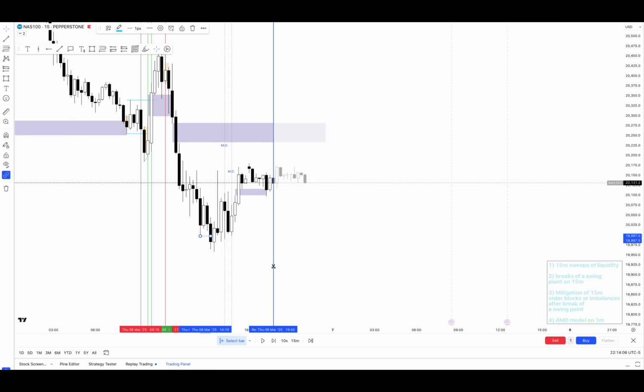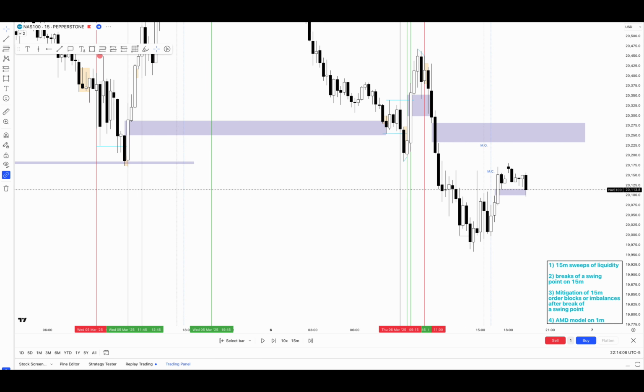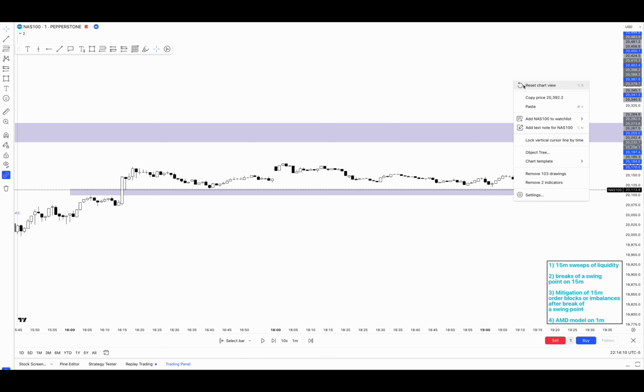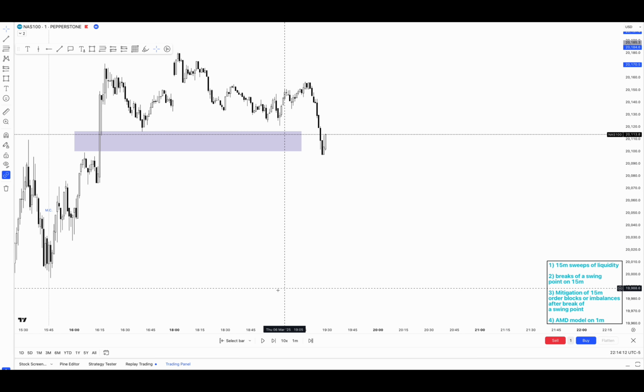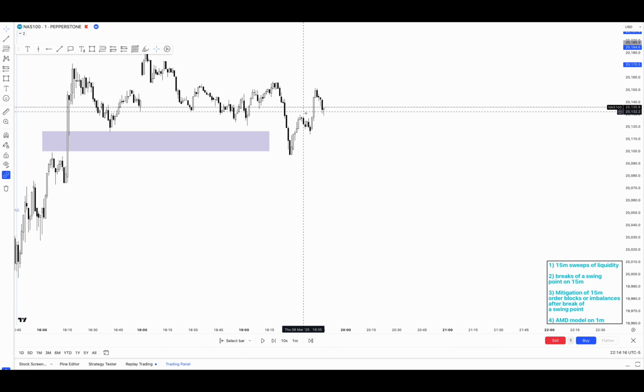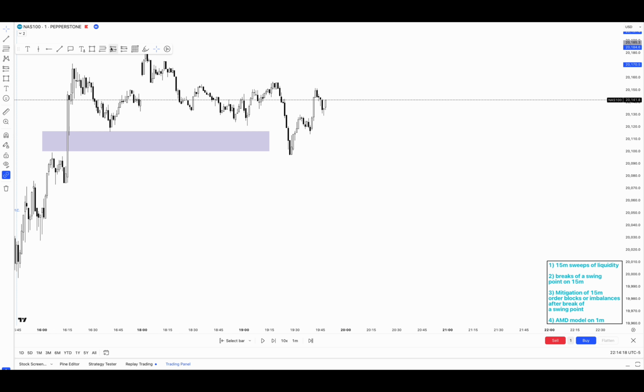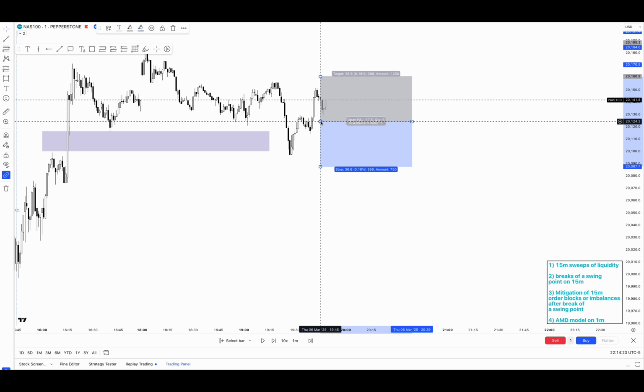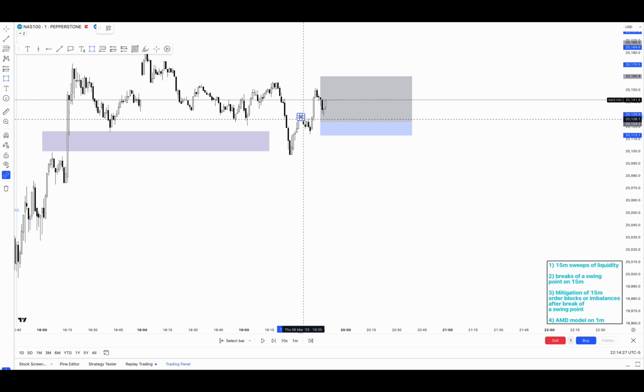Let's see. I'm thinking we could have set entry here. I don't know if it's going to get tagged or not, but let's see. This would be the accumulation.